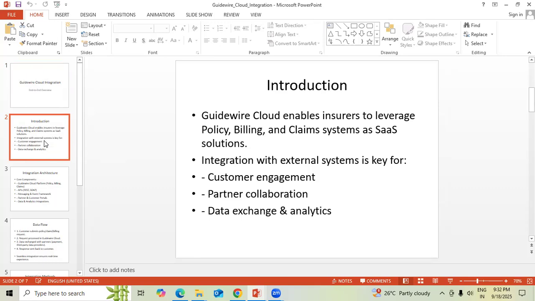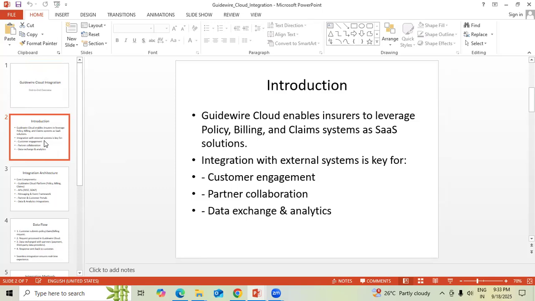Now, slowly, some companies are planning to move towards the Guidewire cloud environment so that they can reduce infrastructure costs, increase operational efficiency, and access it from multiple locations. So Guidewire cloud transformation, followed by integration with their systems, either internal or external, is always needed.